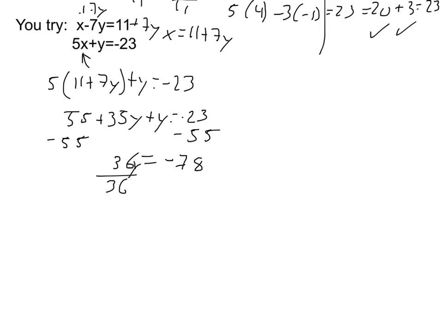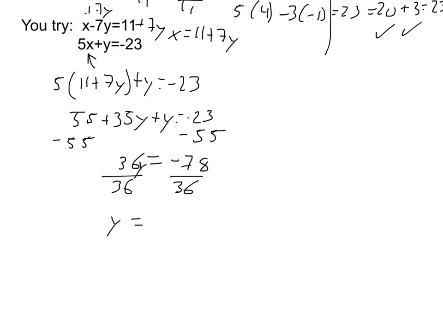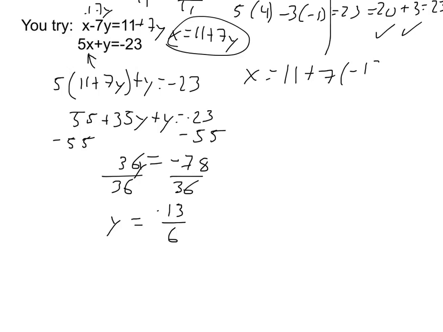Divide both sides by 36, and we get y equals, let's see, you can divide 78 and 36 by 6, so you get negative 13 over 6. Okay, I'm going to plug that into this x equation right here. So I get x equals 11 plus 7 times negative 13 over 6.